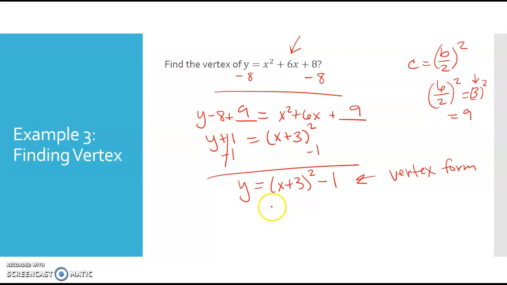From there, I just need my h, which is the middle, but remember it's the opposite if I'm taking it out of that parentheses, so it's going to be a -3. And then my k, which is whatever sign it is, in this case a -1, and that's my vertex.